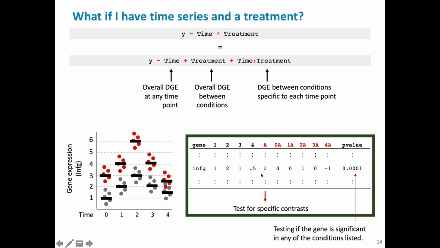Then you can just use this one for the coefficient and test it specifically, just like in the previous ones. Or you can test what is the effect over the time points or specific effects over the time points. So now this will really be specific to your project. What is your question in there?